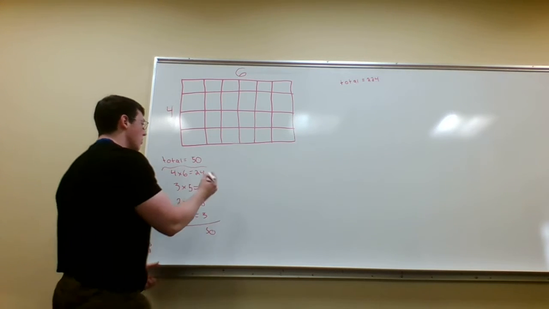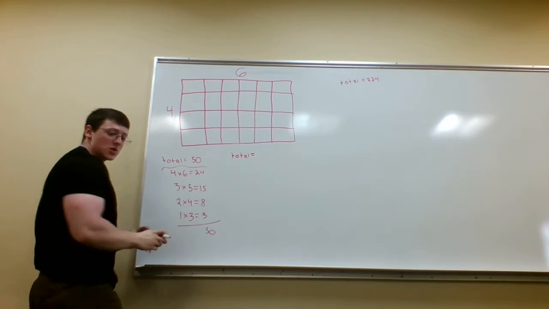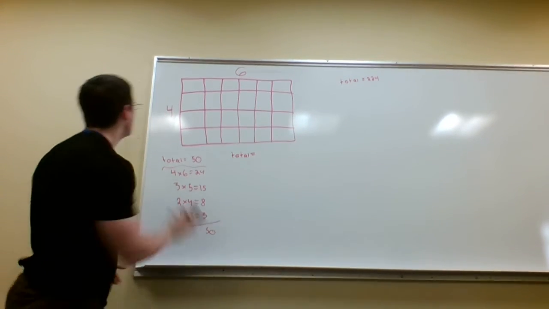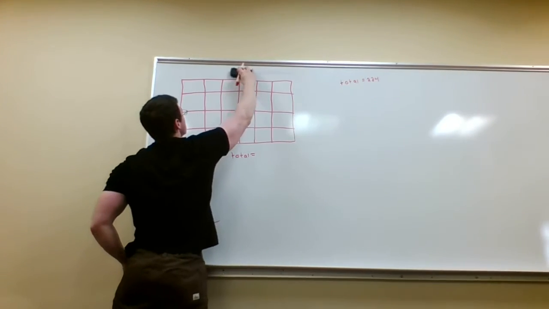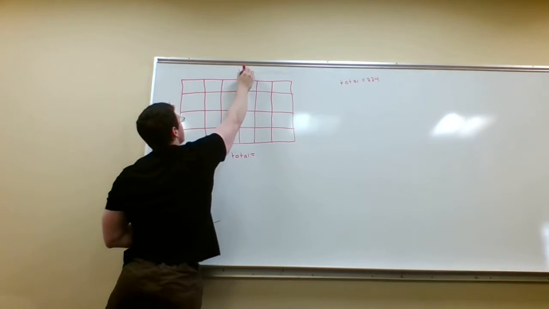So you can come up with a formula to find the total number of squares for any rectangular grid. Let's call this the base over here, and let's call this one the height.